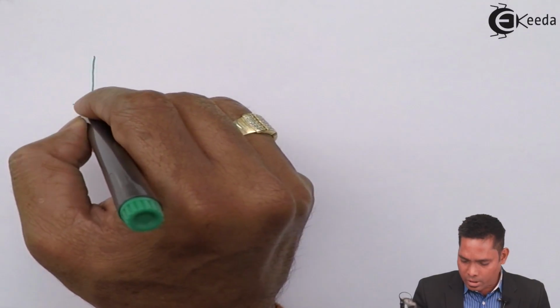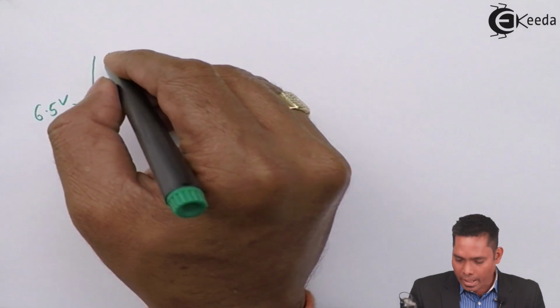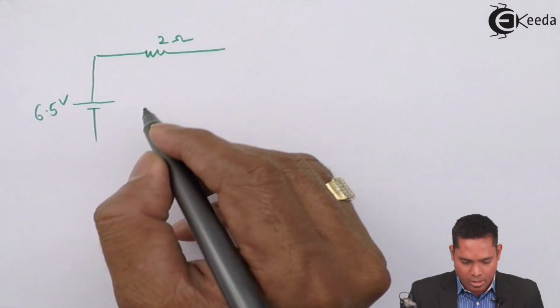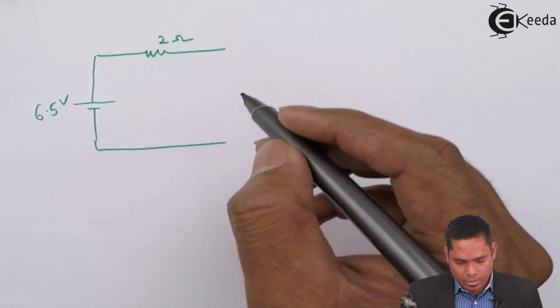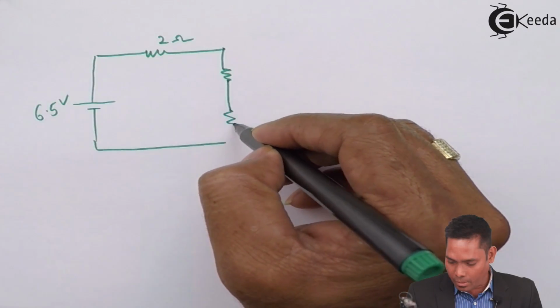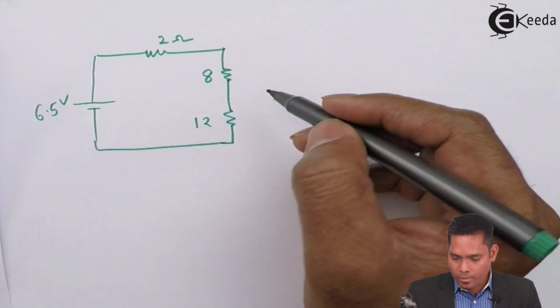It was 6.5 volt over here, and this is 2 ohm resistance, and here I have 8, and here I have 12.